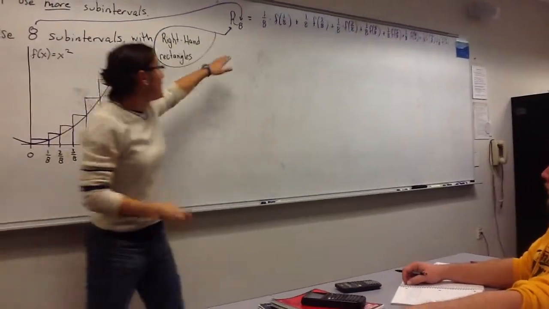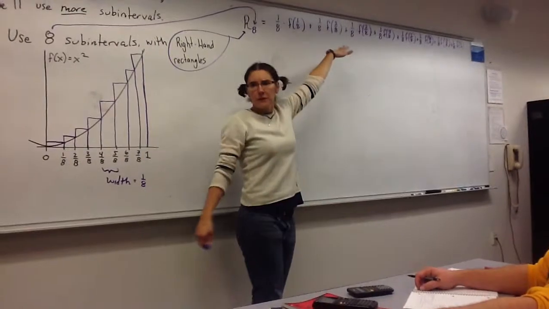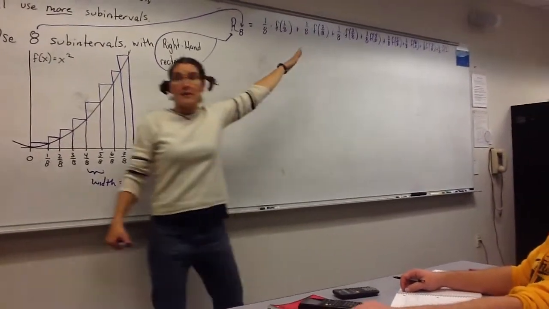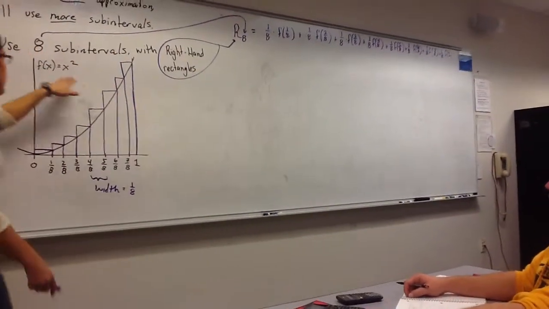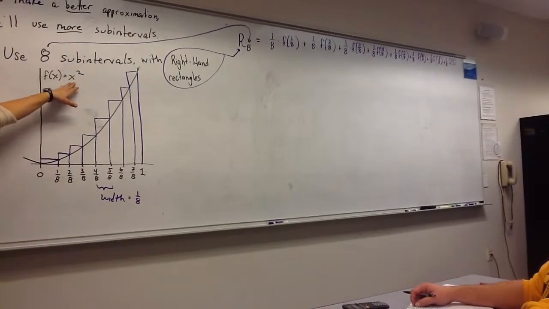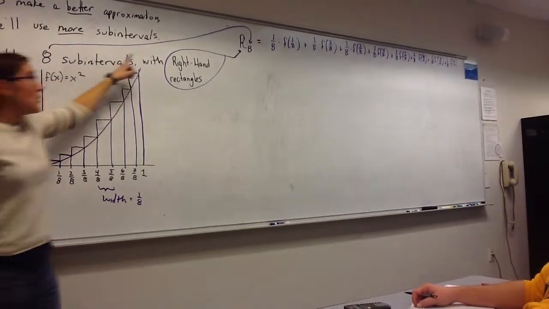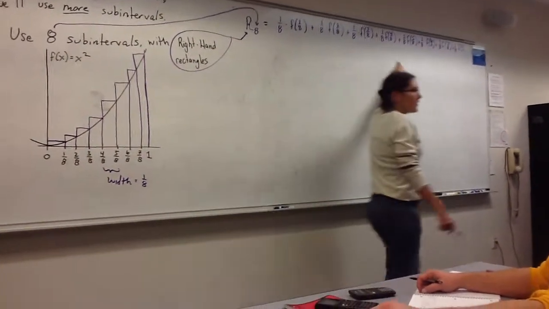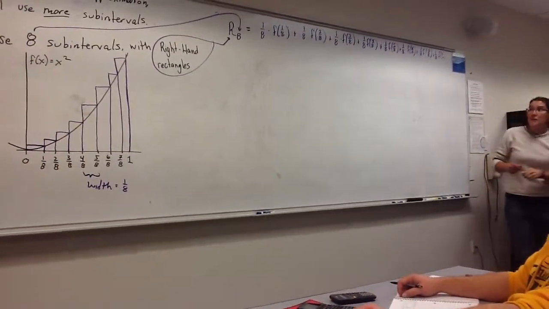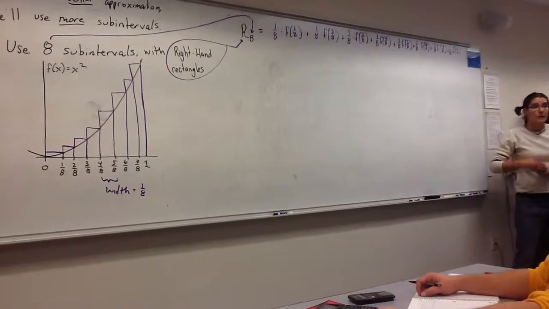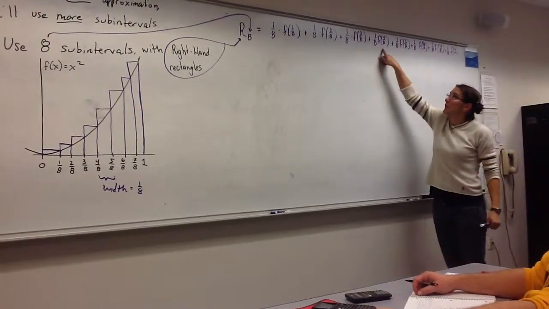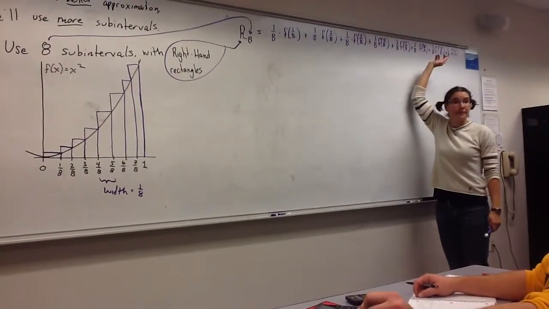Now for each of these, f of 1/8, f of 2/8, I have to know exactly what the formula is for my function. In this case it's x squared, so I'd be plugging those values into x squared to get the height. So what I have written down all the way across this board here is an example of a Riemann sum. We've got the width times the height, and we're adding them all up.